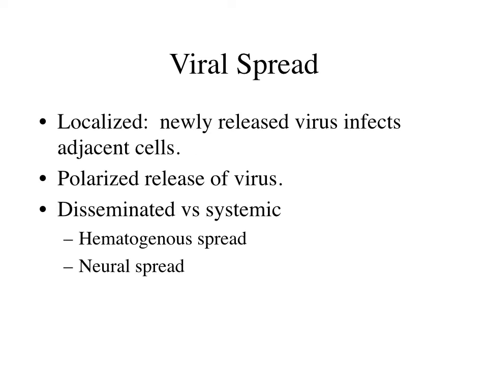Those viruses predominantly spread from one infected cell to the adjacent cells, and it remains pretty localized within the upper respiratory tract. We see similar things with skin infections by papillomaviruses. Again, it stays localized at the point of entry, so only adjacent cells are getting infected.